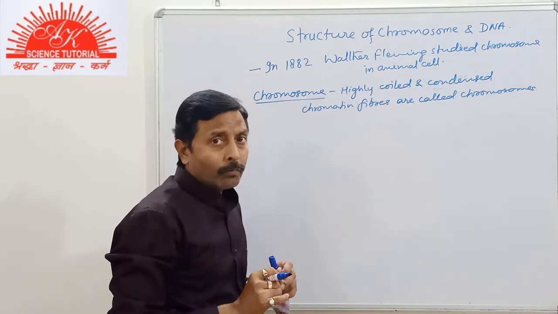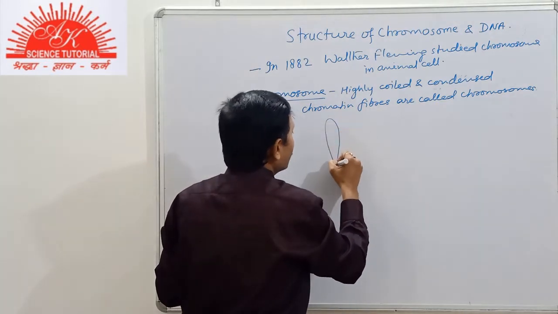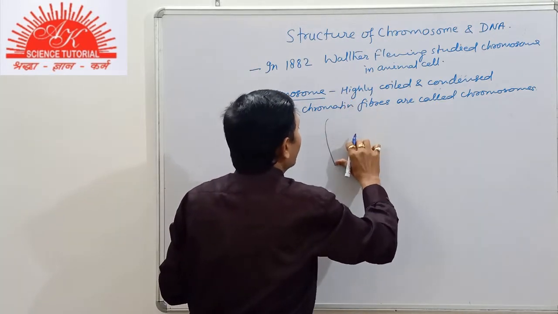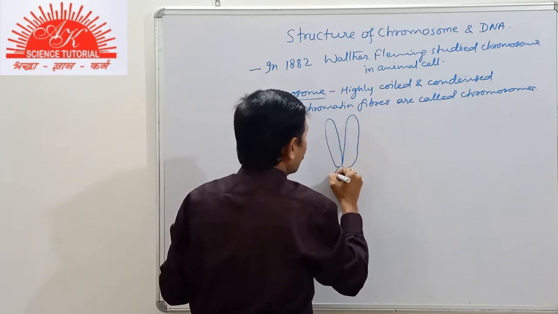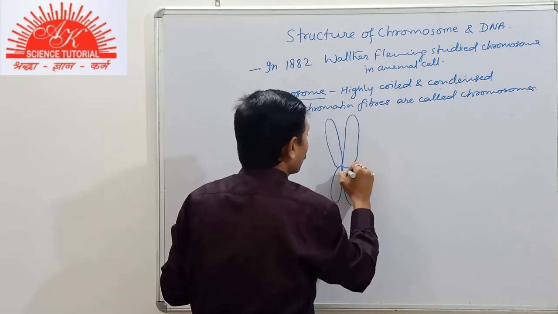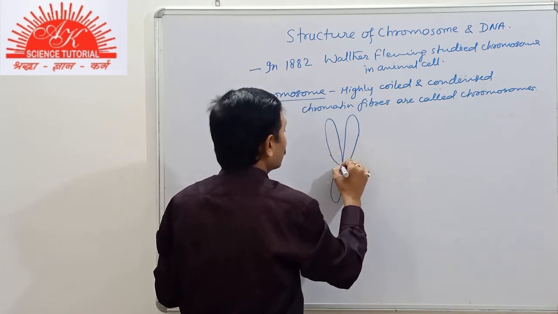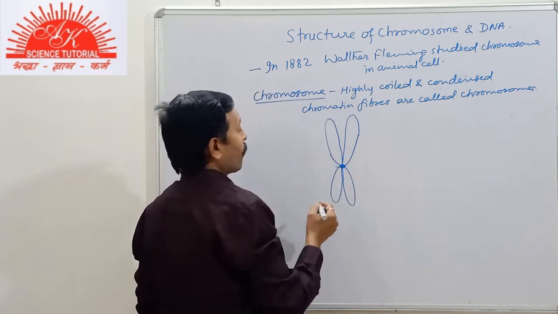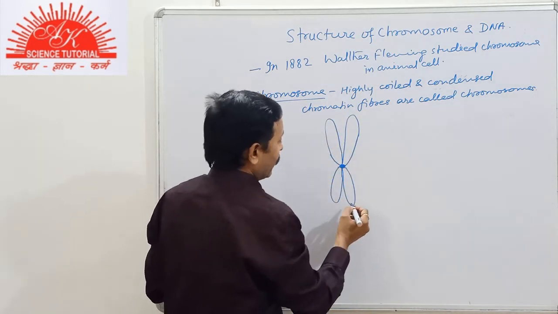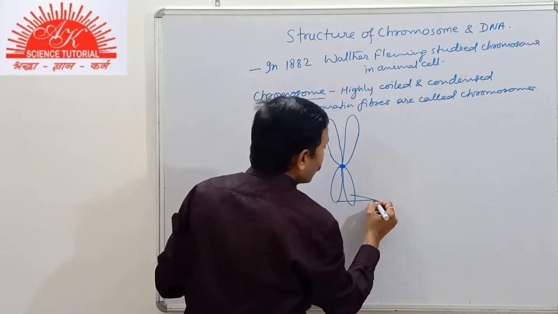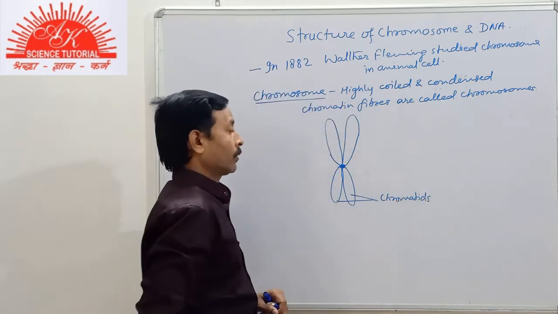Now, in chromosome, if we study its structure, then it has a highly coiled condensed structure. Now, there are two threads, one and the second, these are called chromatids.